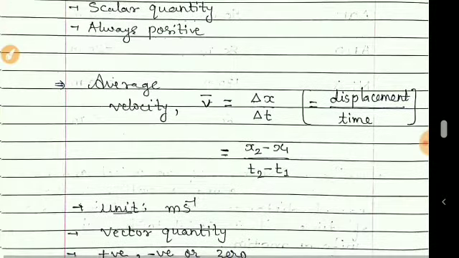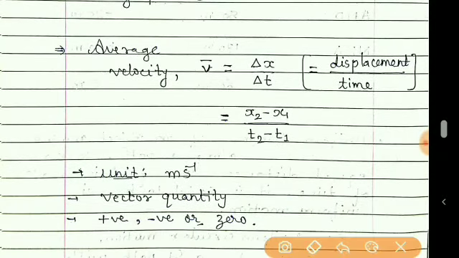Next is about velocity. Now, in our general discussion or general talks, we consider speed and velocity as the same thing. But students, in velocity the direction is also involved, and so according to the definition, average velocity is given by displacement upon time taken.